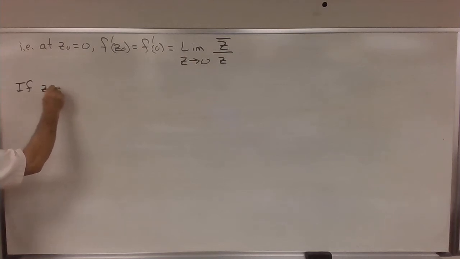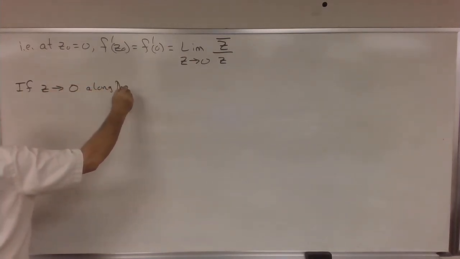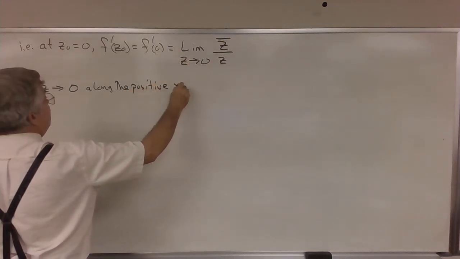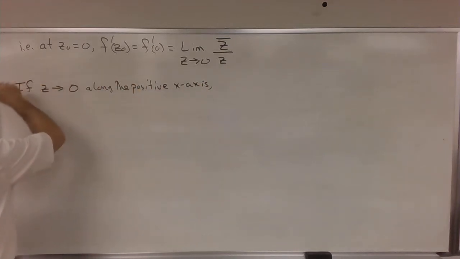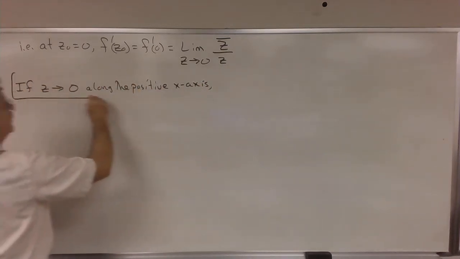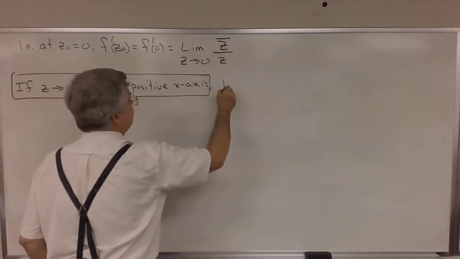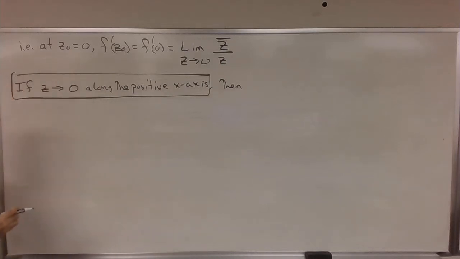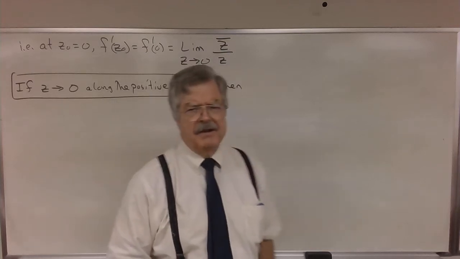If z approaches 0 along the positive x-axis, then z is just equal to x, isn't it?